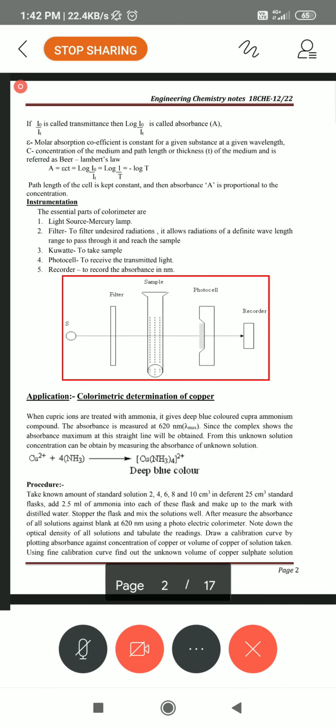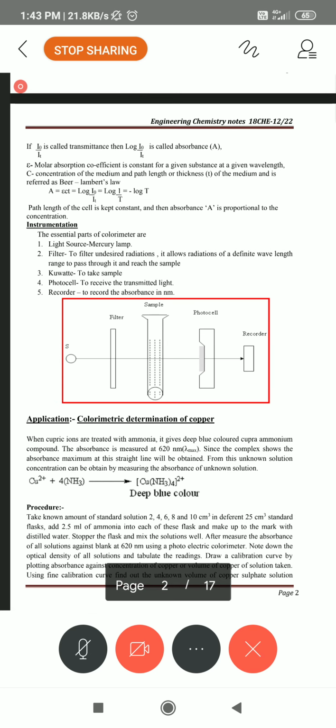So you take 5 labeled 50 ml volumetric flasks, then one blank solution, and another one is the test solution. All these things keep aside. You prepare the stock solution, which we can also call a standard solution. The stock solution is nothing but the standard solution.